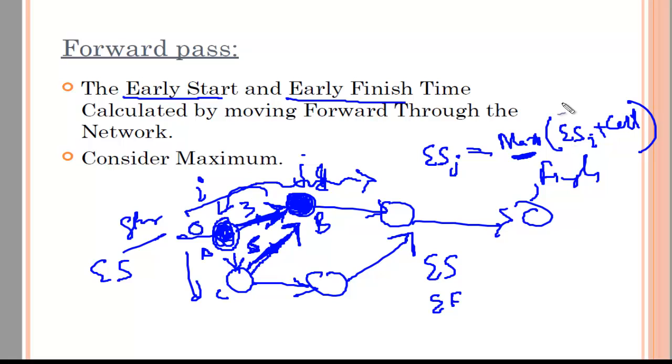So I will not take 3, I will take 5, that is my cost here, plus the previous node's earliest start time. If the previous node is this, for example, then I will take its earliest start time of 0. But if it is this one, say the earliest start time was 2 here, then it's going to be 2. The earliest start time for this is 2, so this will be 2 plus 5.